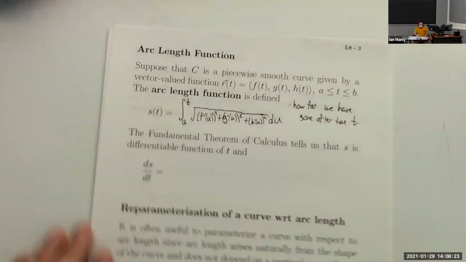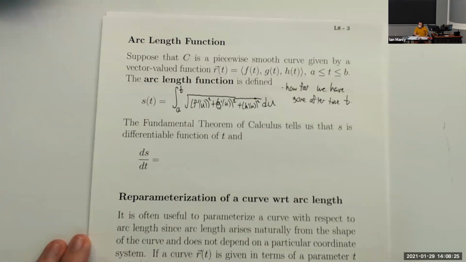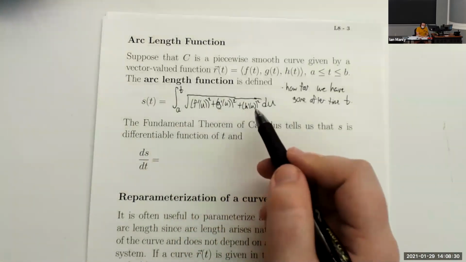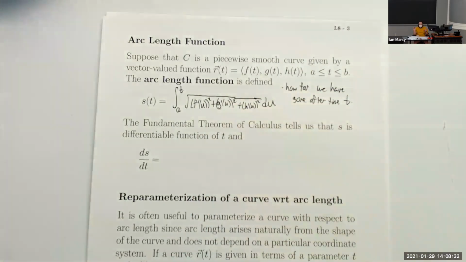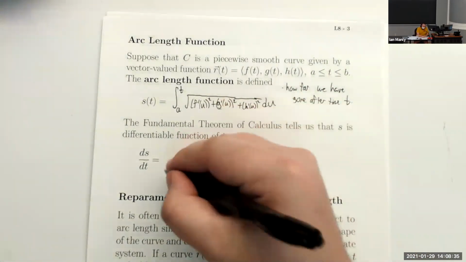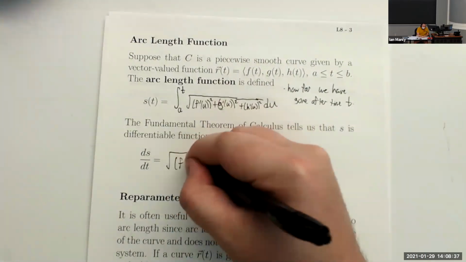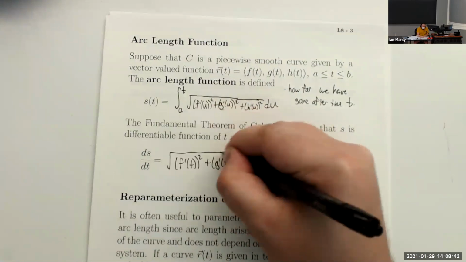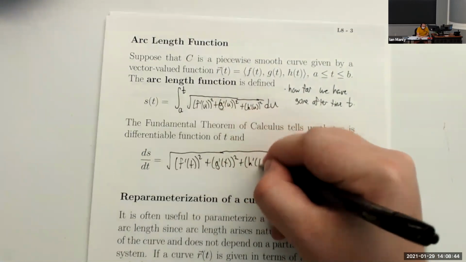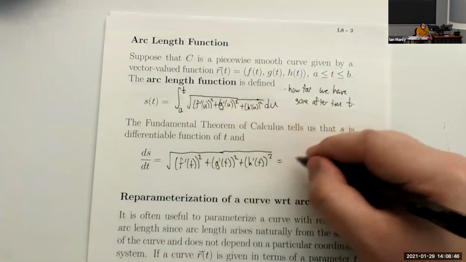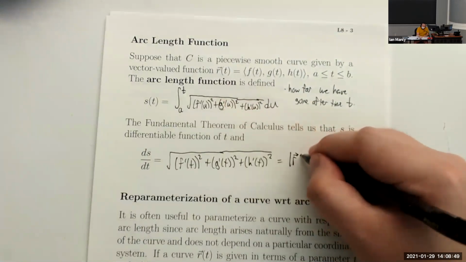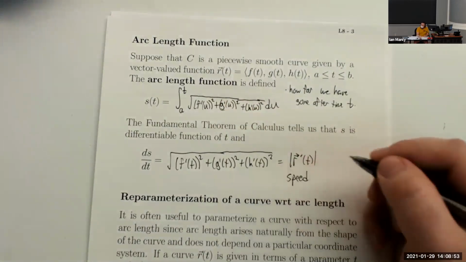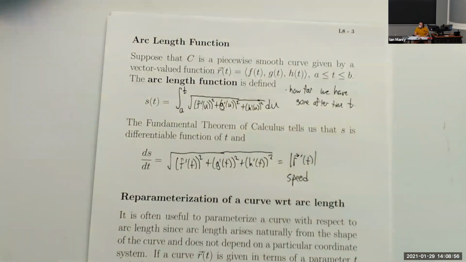So if we do the derivative of this integral right here, the derivative and the integral more or less cancel out, and we just plug in t for all of these. So we get the square root of f prime of t squared, and g prime of t squared, and h prime of t squared. And note that this is the magnitude of the derivative of your curve. And remember, the name for this is going to be speed right here.